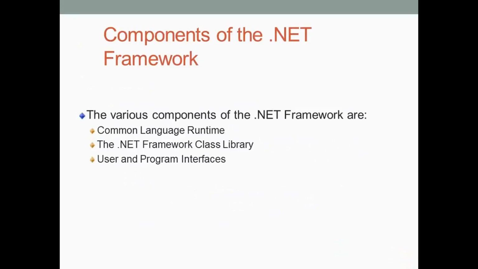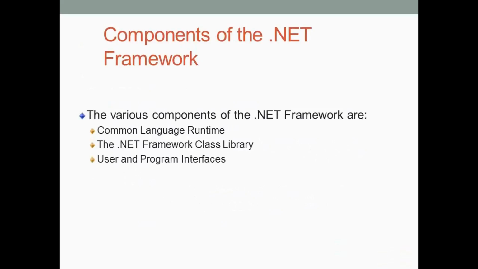The key features of .NET compatible languages are that the language must be standardized by ECMA. ECMA is basically the short form of European Computer Manufacturers Association, and a language which is standardized by ECMA can be a .NET supportive language. It must be component based, it must be object oriented, and a language must be robust and durable.